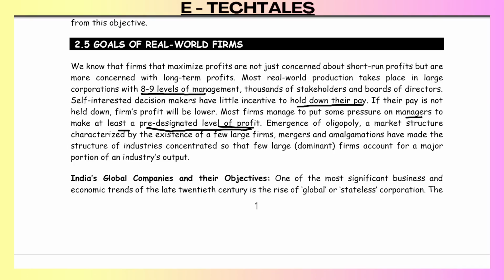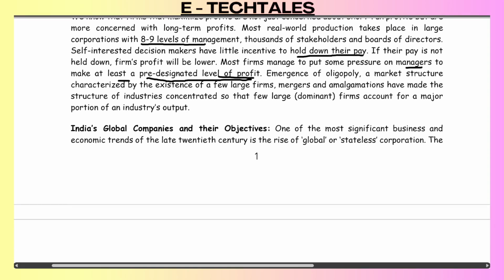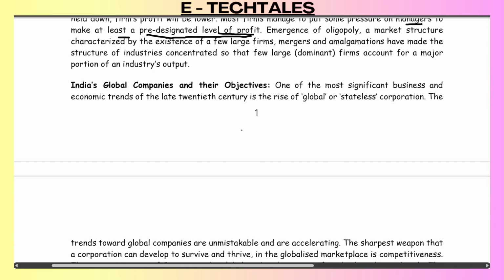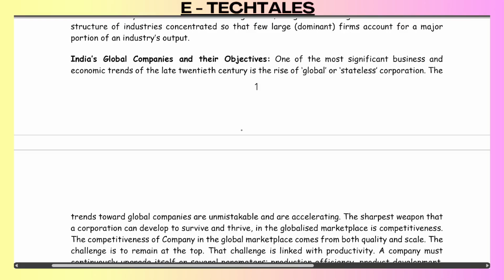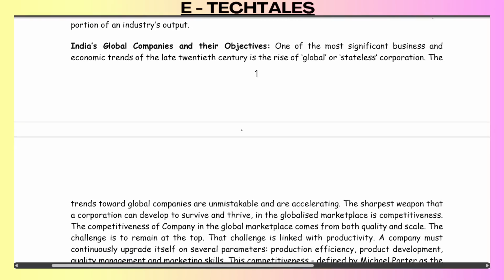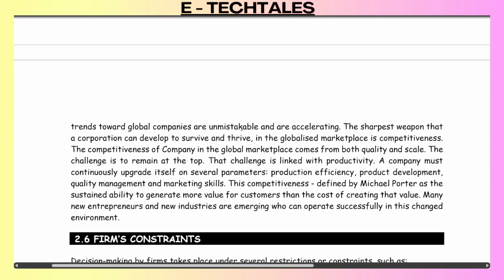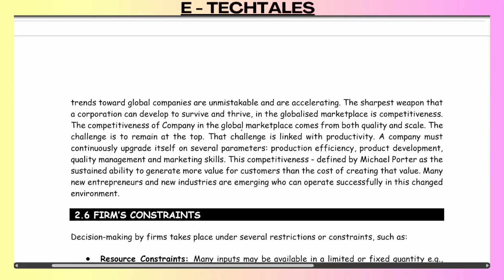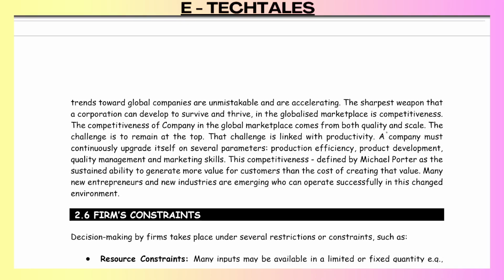So here in the second scenario, in the evolving global marketplace, the rise of global corporations, those transcending national boundaries, is a significant trend. These corporations thrive on competitiveness achieved through factors like quality, then scale, or rather both quality and scale.